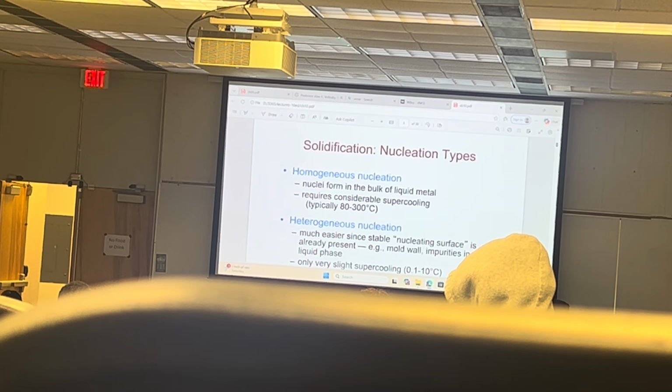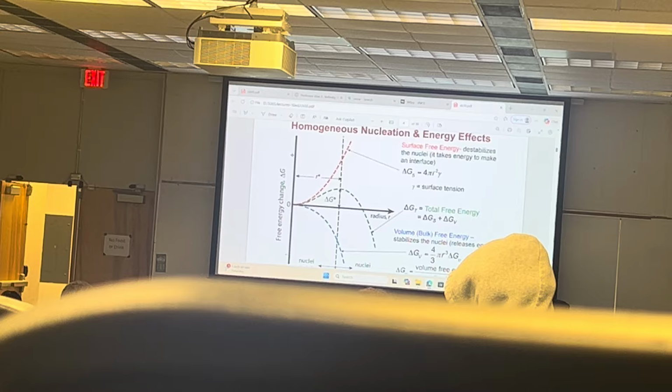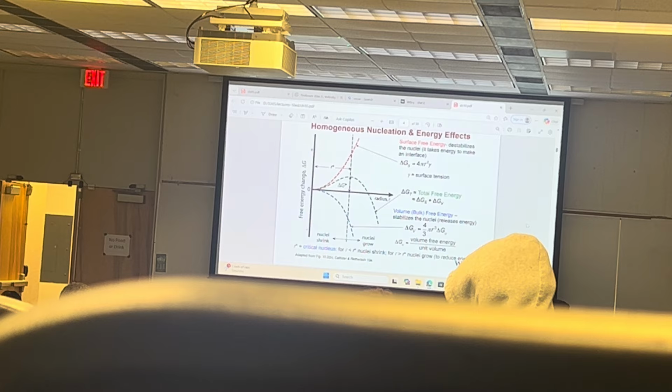There is homogeneous nucleation and heterogeneous nucleation. But this is the most important graph, and maybe I'll have a chance to show you the video. This is Gibbs free energy. We have the surface energy term, and it's positive, this red line.